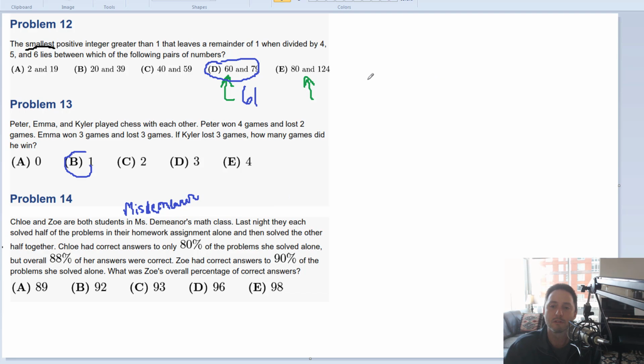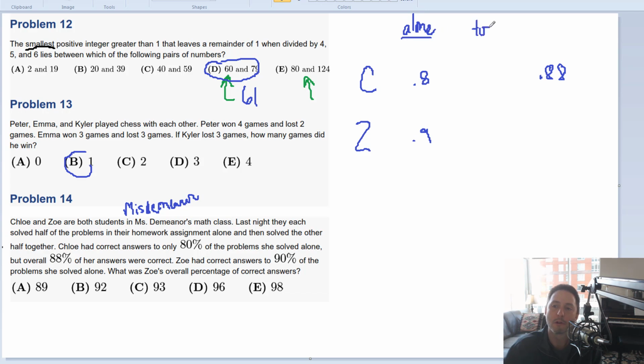Okay, let's write this out. Chloe and Zoe. So she had 80% of the ones that she did alone, but overall she had 88%. The other one had 90% correct that she did alone.